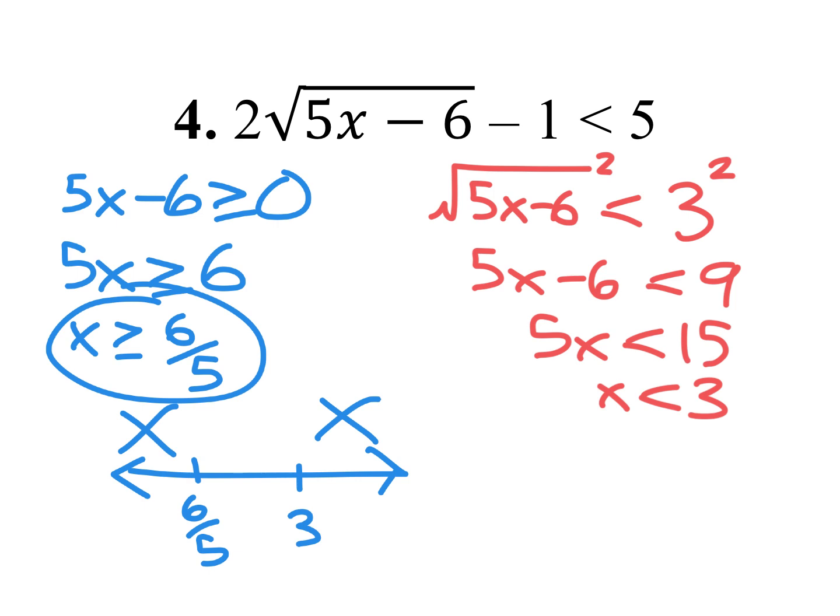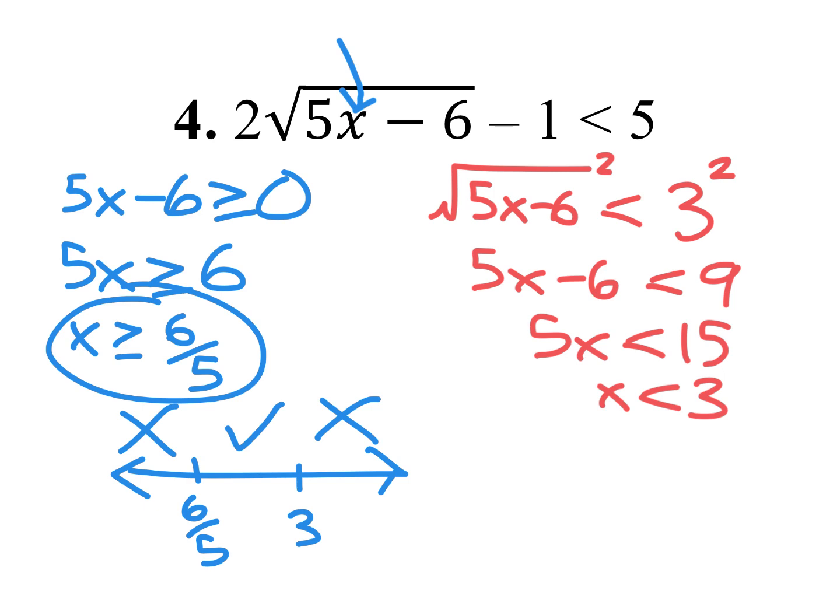Well, 2 is actually a really nice number. So if you plug in 2, 5 times 2 is 10. 10 minus 6 is 4. Square root of 4 is 2. Multiply that by 2. You get 4 minus 1, which is less than 5.